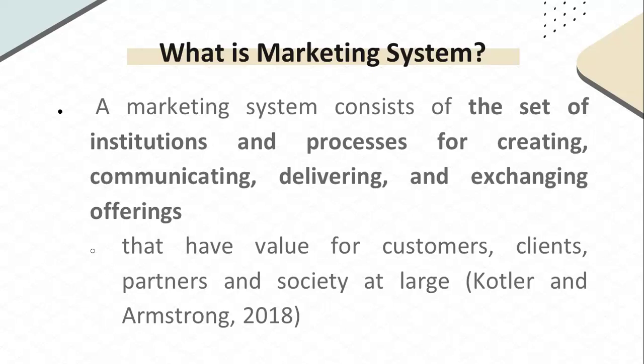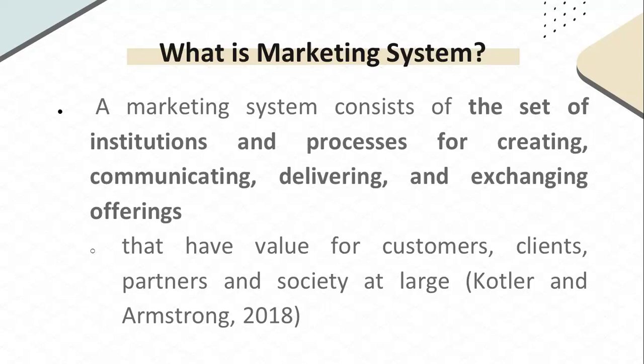Simply, in order to produce your product and deliver it to your customer, all the institutions and processes that help this marketing activity we call a marketing system. From making your product, sending it to the consumer, and communicating about it, the institutions and processes that help with all of this.